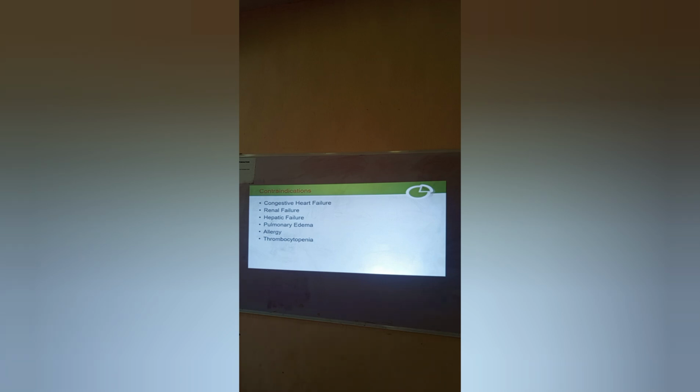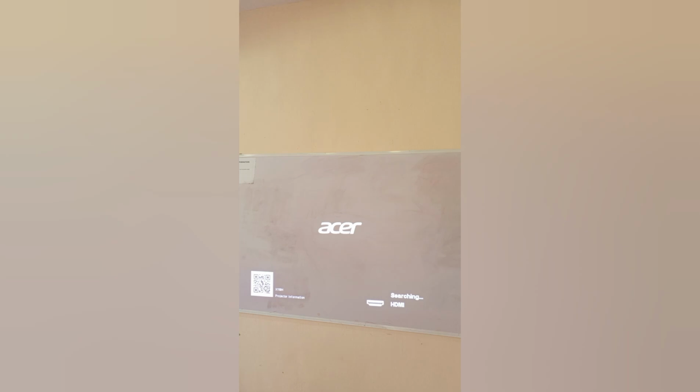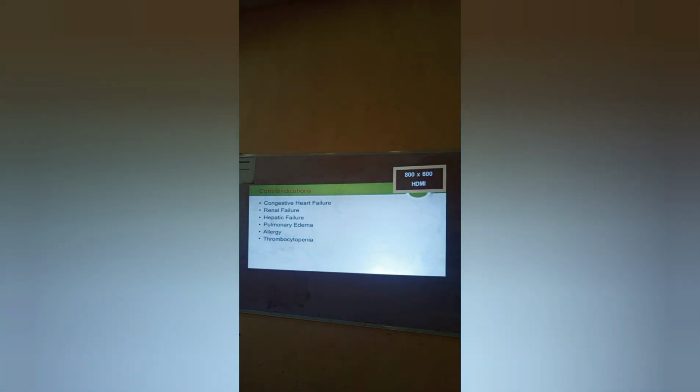So a patient that has renal failure, let's say for instance, this one, they cause renal dysfunction, and the kidney is the major organ that excretes this product. So now imagine a patient that has renal failure.